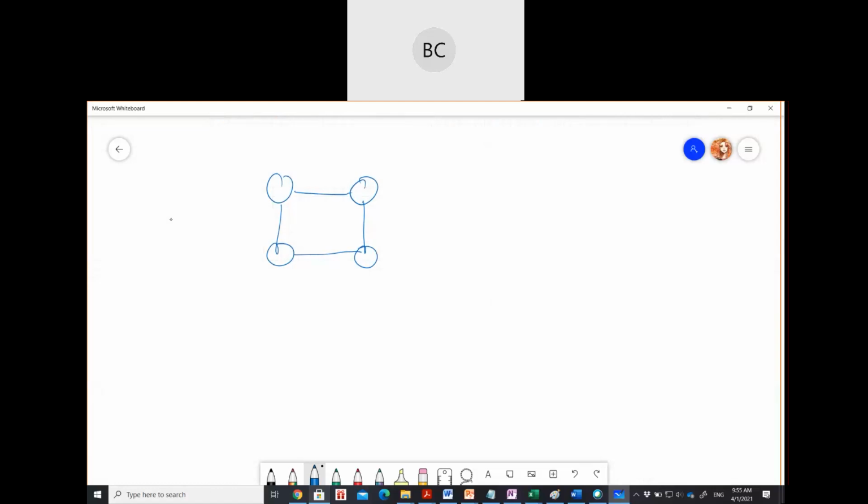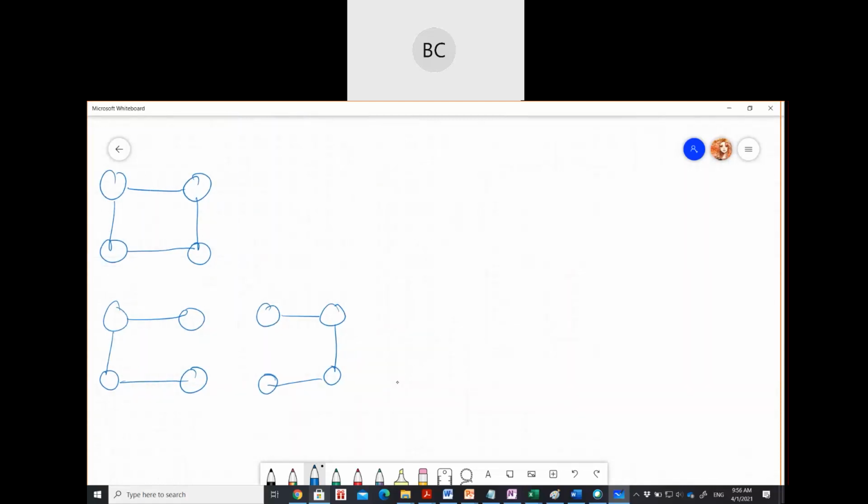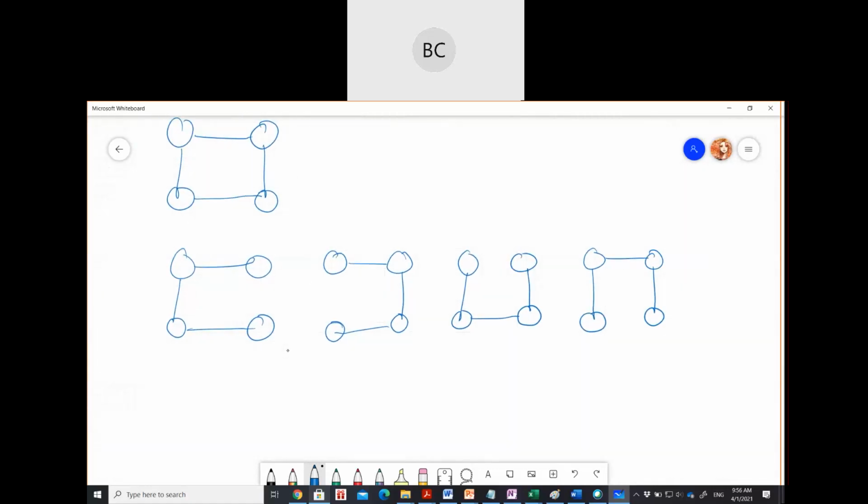The possible spanning trees: one is like this, and then there are 16 possible ways.